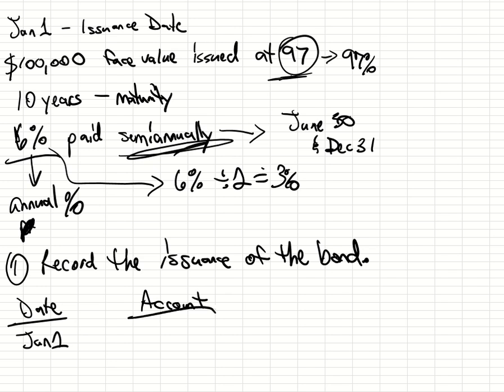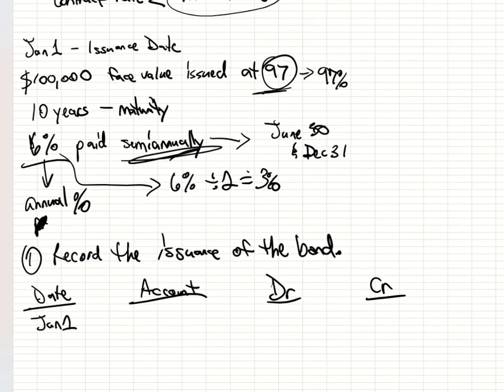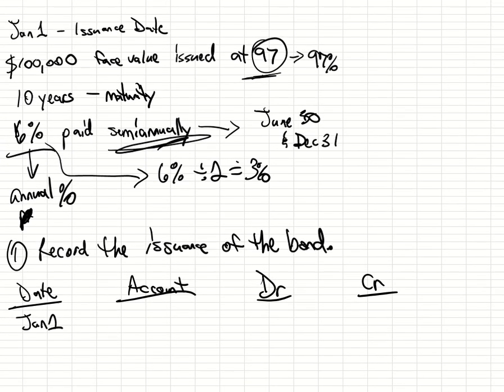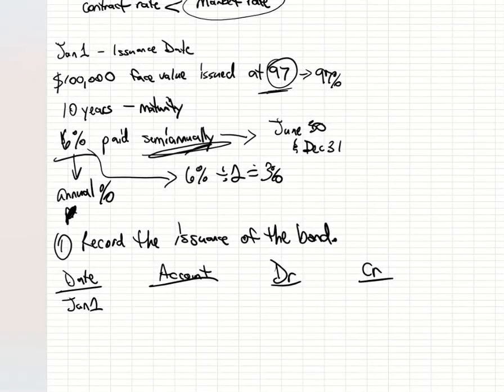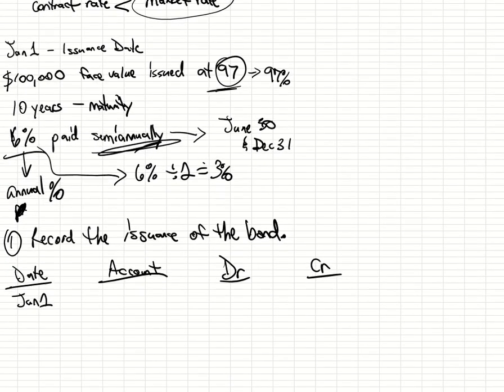Account. DR for debit, CR for credit. All right. So zooming out here a little bit more. So we provided the issuance date of the bond. Now we're going to go ahead and plug into the general journal. So $100,000 is the face value, but it was issued at 97, which is 97% of $100,000.